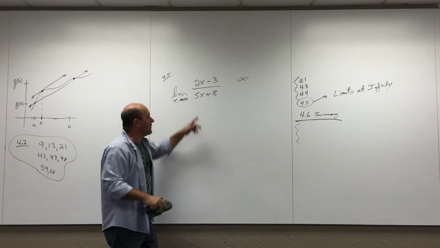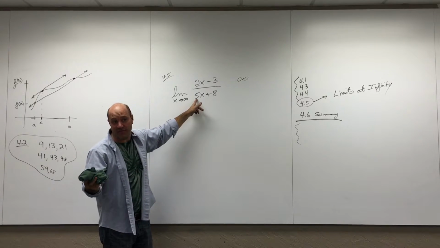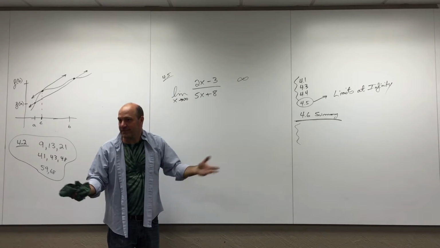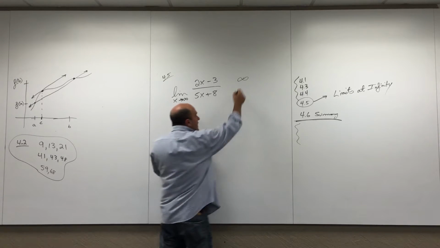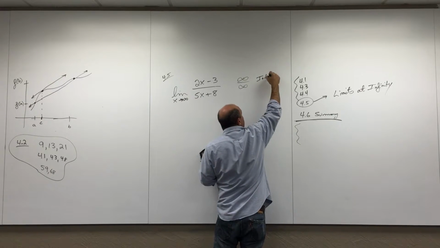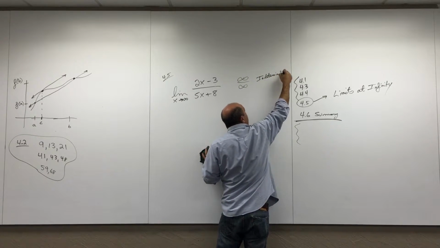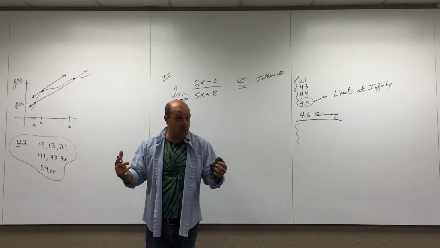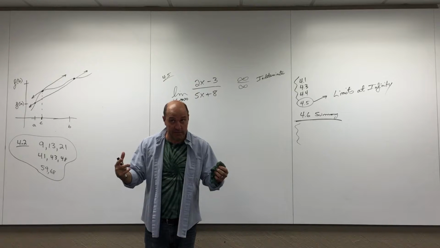In the denominator, infinity times 5 is infinity, and when you add 8, it's pretty insignificant. It's infinity. So I have infinity over infinity, and infinity over infinity is called an indeterminate situation. From our earlier study of limits, do you remember an indeterminate situation we would often run into?